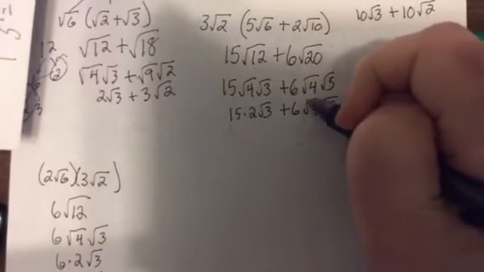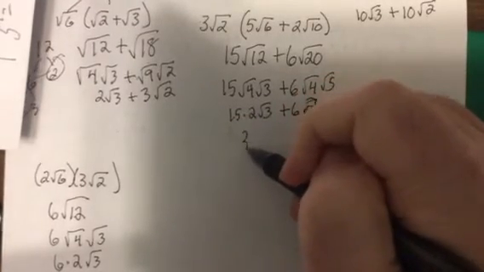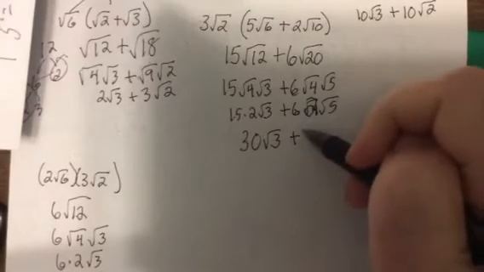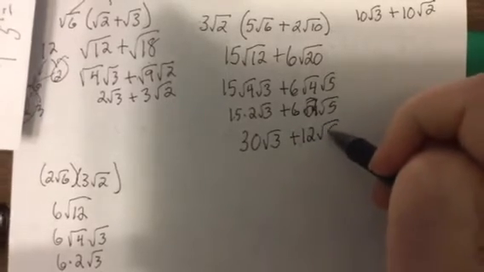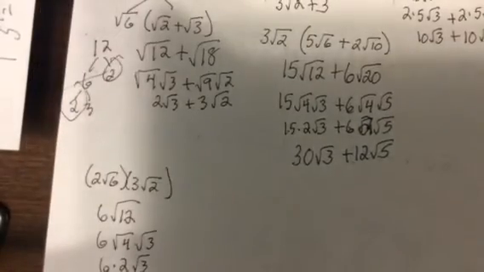Oops, that should be a 2. So 15 times 2 is 30 square root of 3. And 6 times 2 is 12 square root of 5. Woohoo! So hopefully that's not too bad.